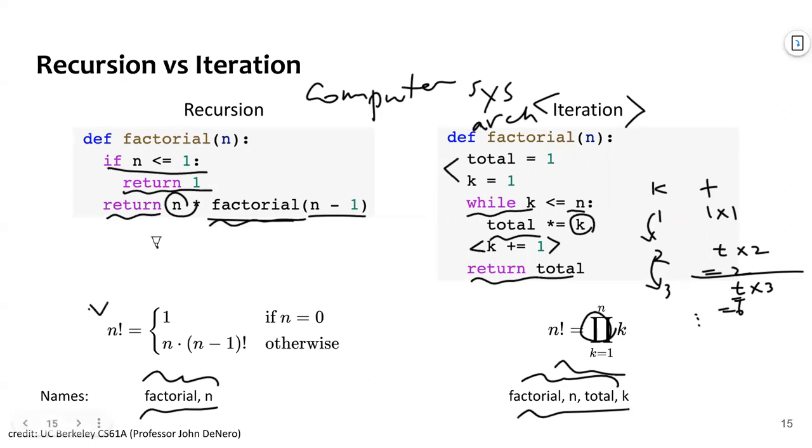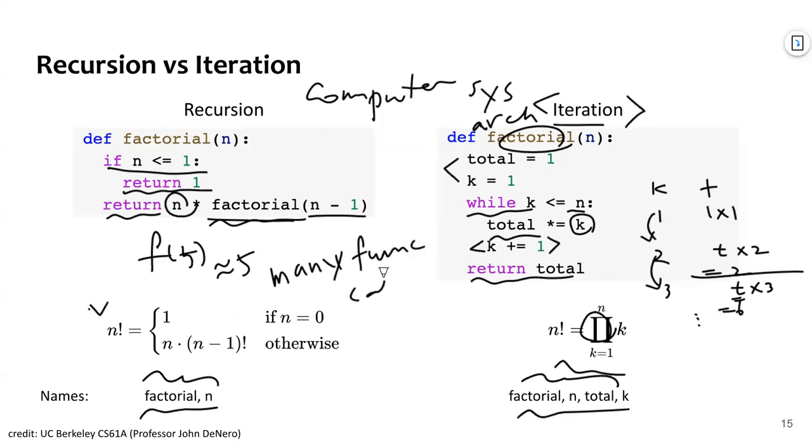So when you want to calculate factorial, let's say 5, it's going to call factorial quite a lot, around 5 times, right? However, when it comes to iteration, we just call this factorial function once. So recursion involves many function calls.